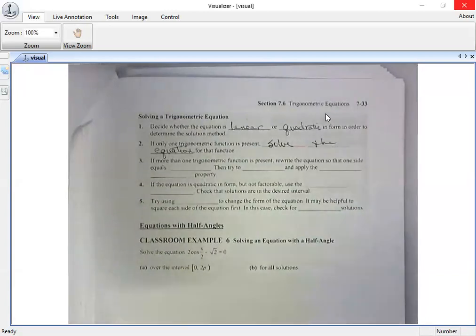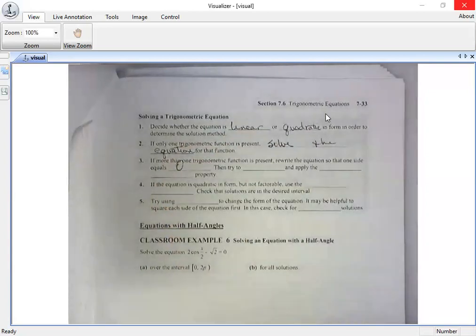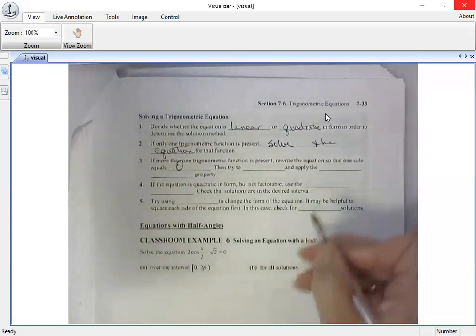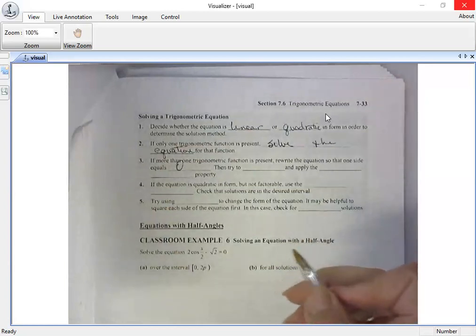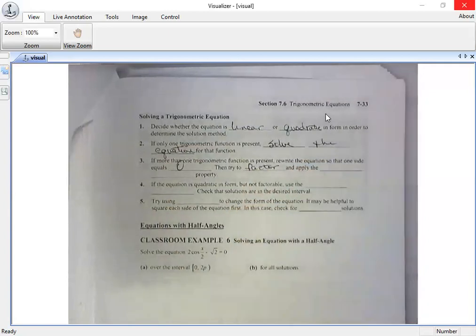Now, if more than one trig function is present, we want to rewrite the equation so that one side will equal what? 0. Perfect. Then, what do we try to do to the other side? Think of the F word. Factor. Good job. Okay. Then try to factor and apply the 0 factor property.